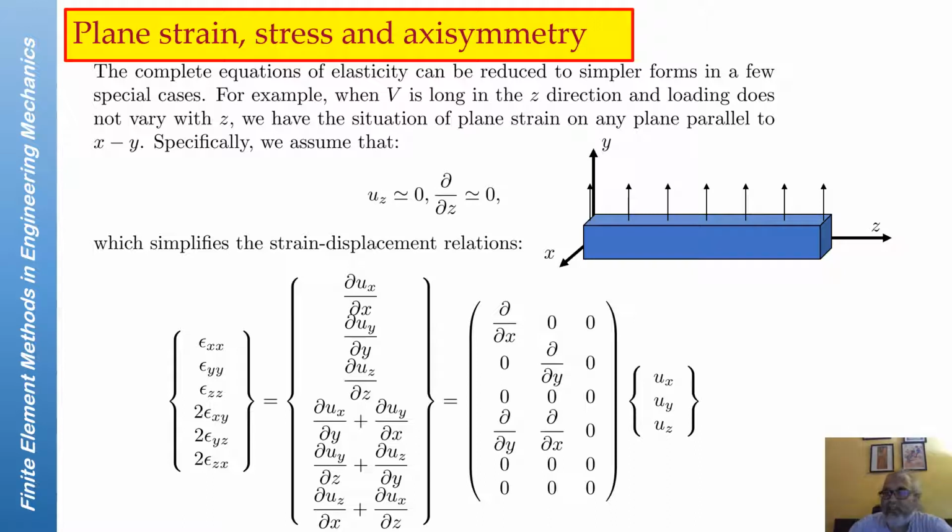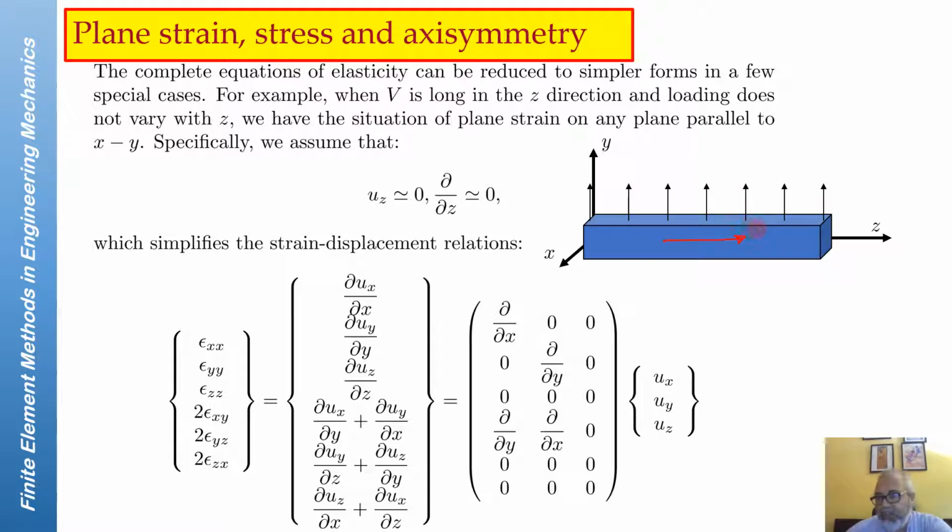The first is plane strain, where the body is very long in one direction, let's say the z direction, and the loading on the body is also invariant with z, so the loading does not depend on z.